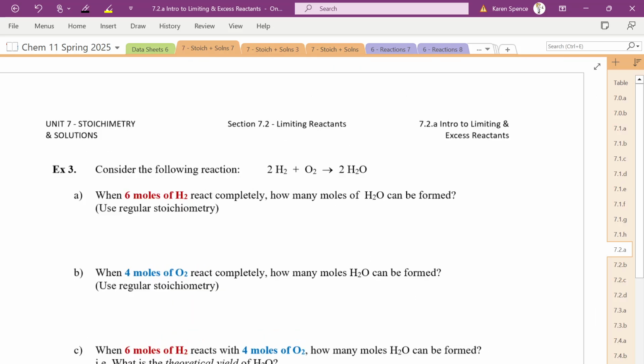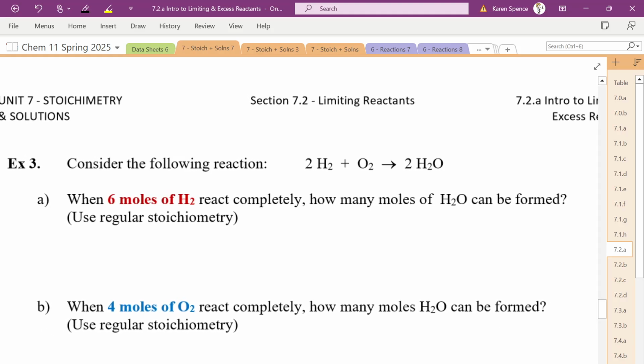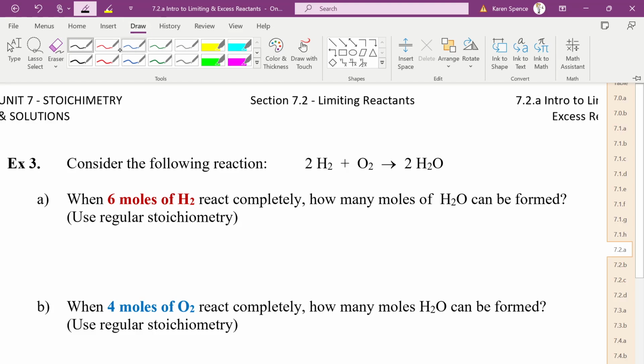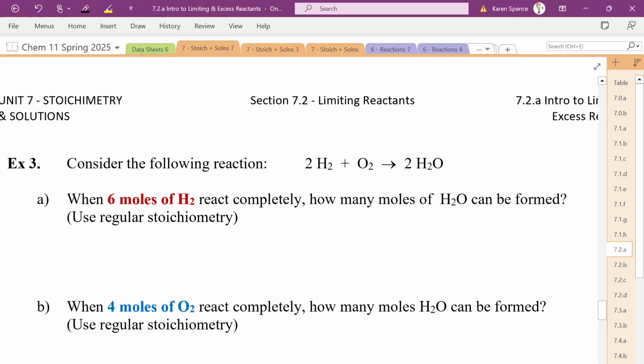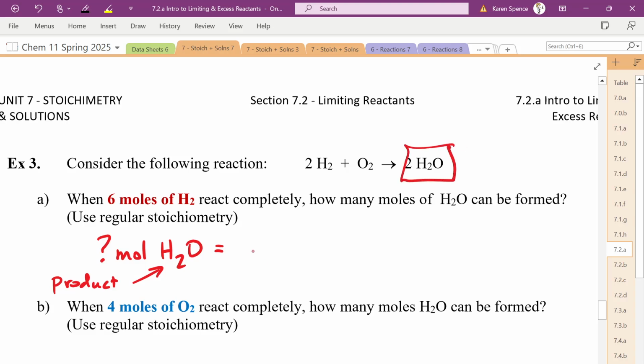Next. Let's do it with some actual chemicals here. Consider the following reaction. When 6 moles of H2 react completely, how many moles of H2O can be formed? So how many moles of H2O can we get, because this is our product, when we react 6 moles of H2?